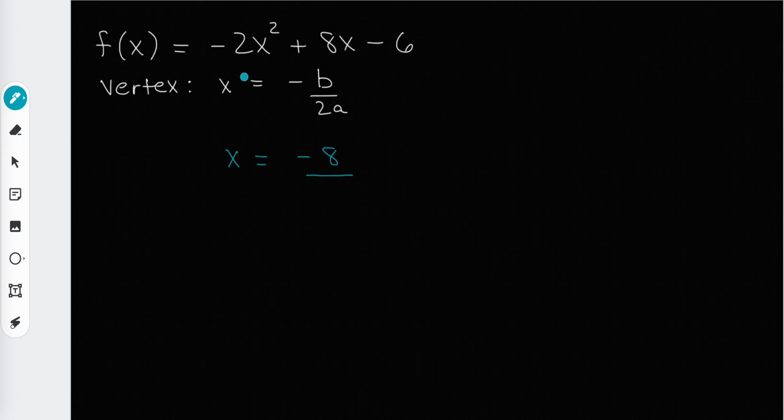In this case, that's going to be the negative 2 in front of the x squared. So I'm going to have 2 times negative 2. So now, 2 times negative 2 is going to give me negative 4 at the bottom. And when I divide, I get x equals 2. So this is going to be my axis of symmetry.